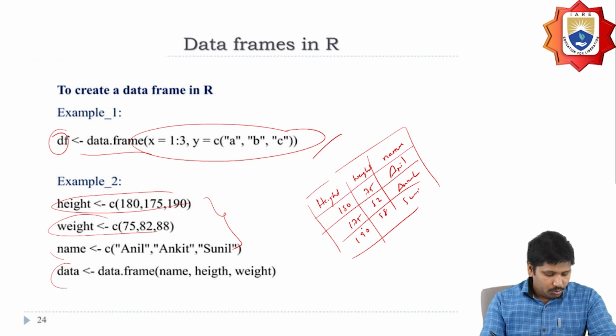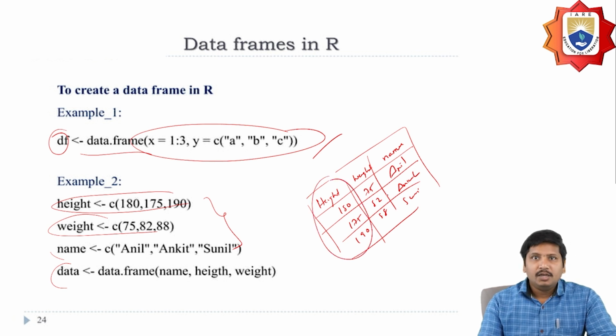So initially I'm going to create a height vector, a weight vector and a names vector. Then I have to assign the names to the vectors also.